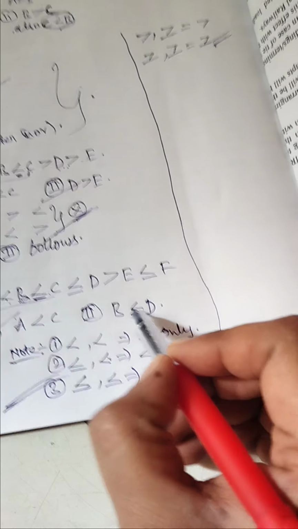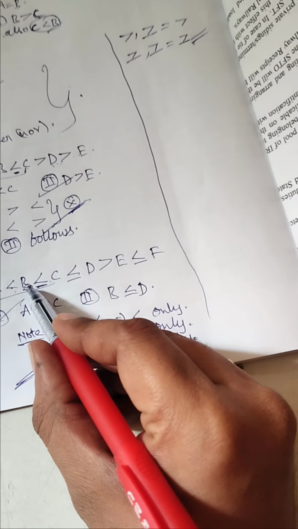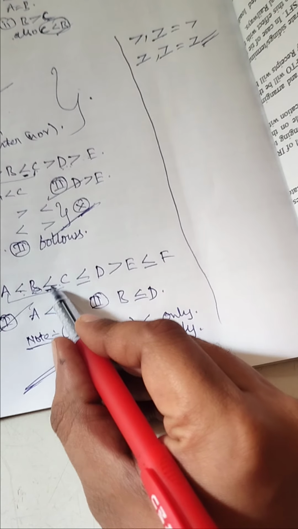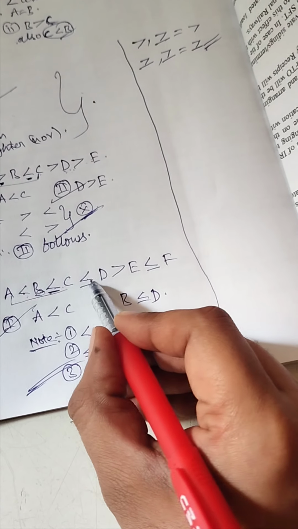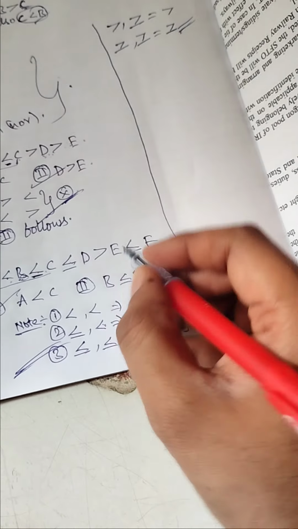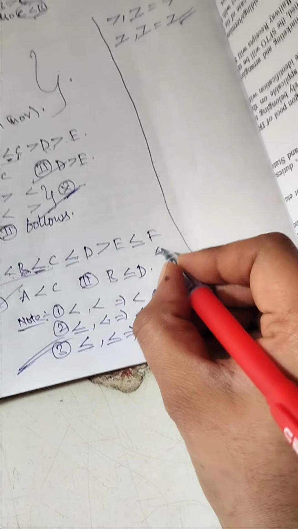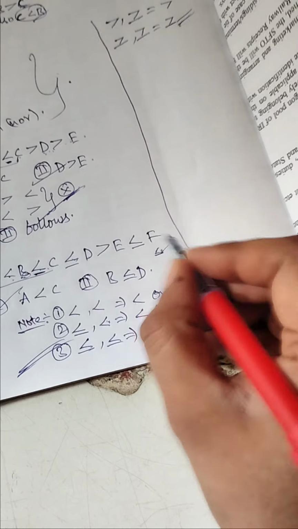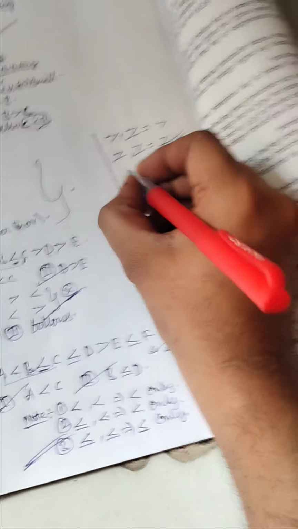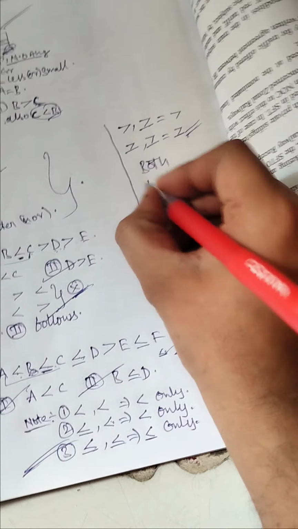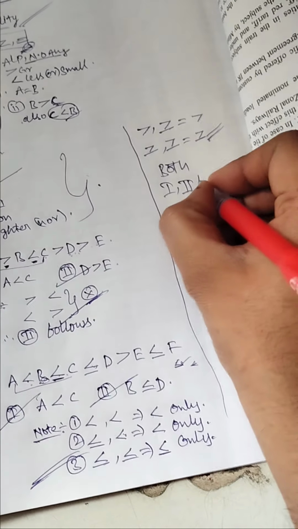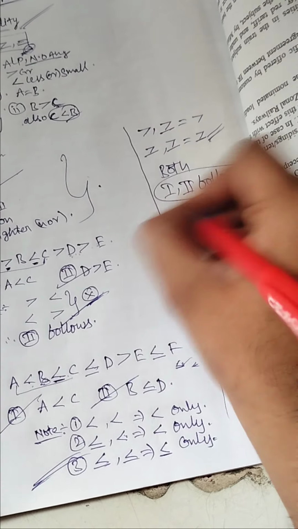B less than or equal to D, so the result came as less than or equal to only, not less than. So both 1 and 2 follow. Yes, this is the main point we are supposed to learn.